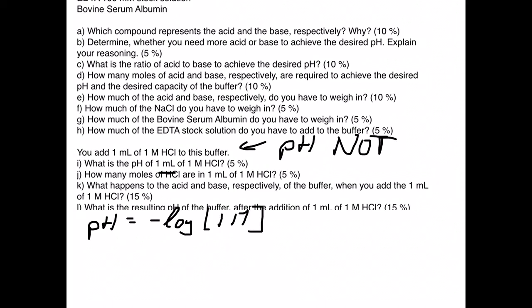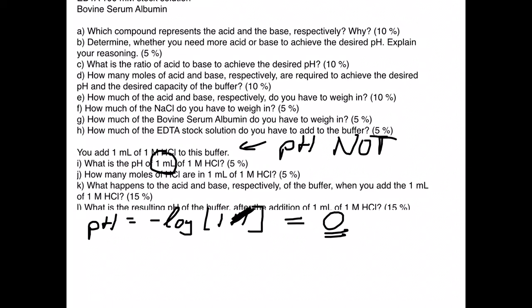So the concentration of the acid, I probably shouldn't write this here with a unit. So for log 1 we get 0 and negative 0, but that doesn't matter. So in this case pH equals 0. We don't need to take this 1 milliliter into account.